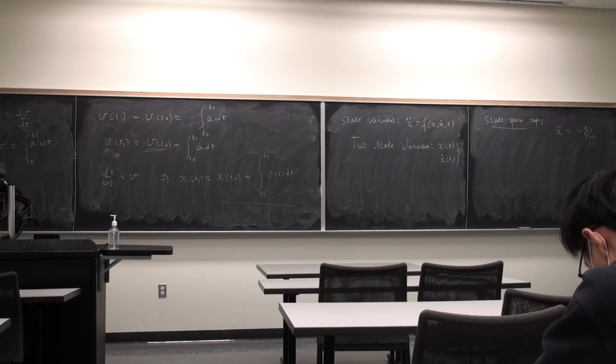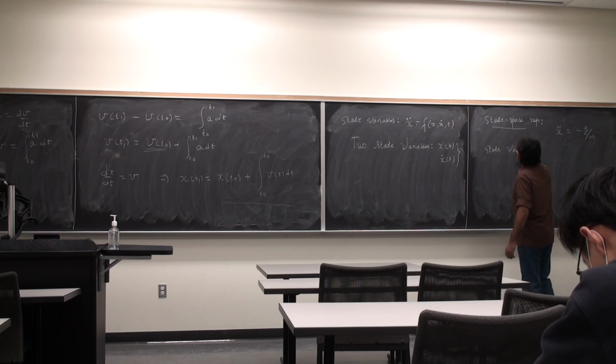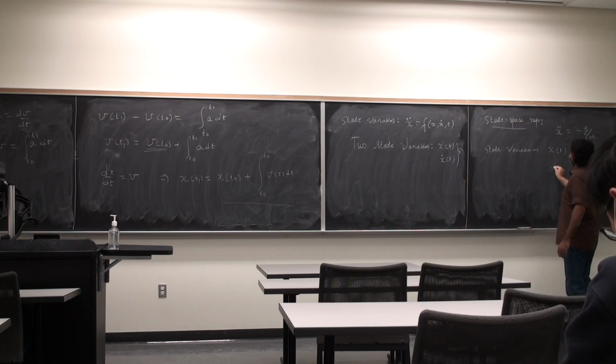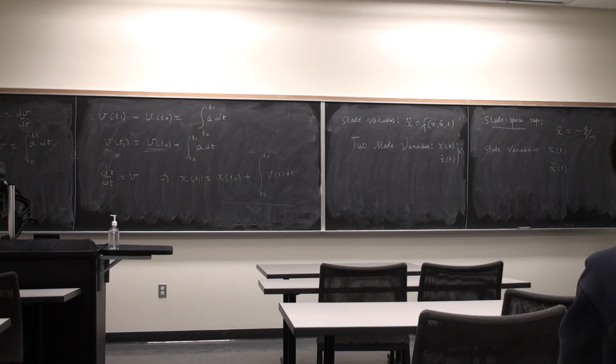Second order ODE, so I have 2 state variables, x and x dot. I'm just going to call them as the following. I'm going to call this as some x1. Okay. Then I'm going to call the second one as x2, which is in reality x1 dot disguised as x2. Right? Does this make sense to everybody?